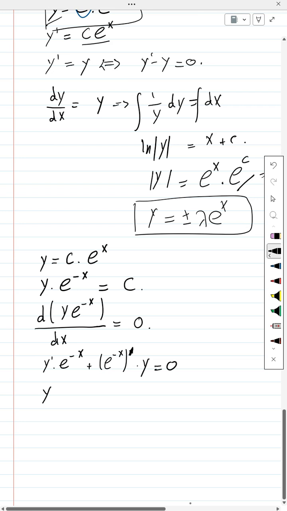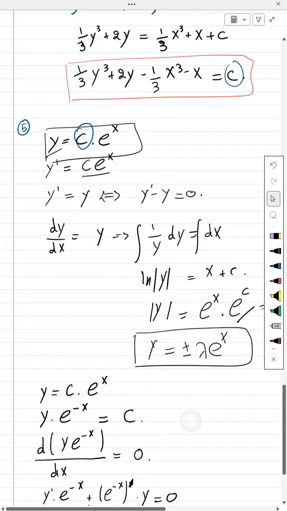Here it's going to be y prime exponential minus x, and the derivative of this, minus exponential minus x times y, is equal to 0, and we will end up with y prime minus y is equal to 0.